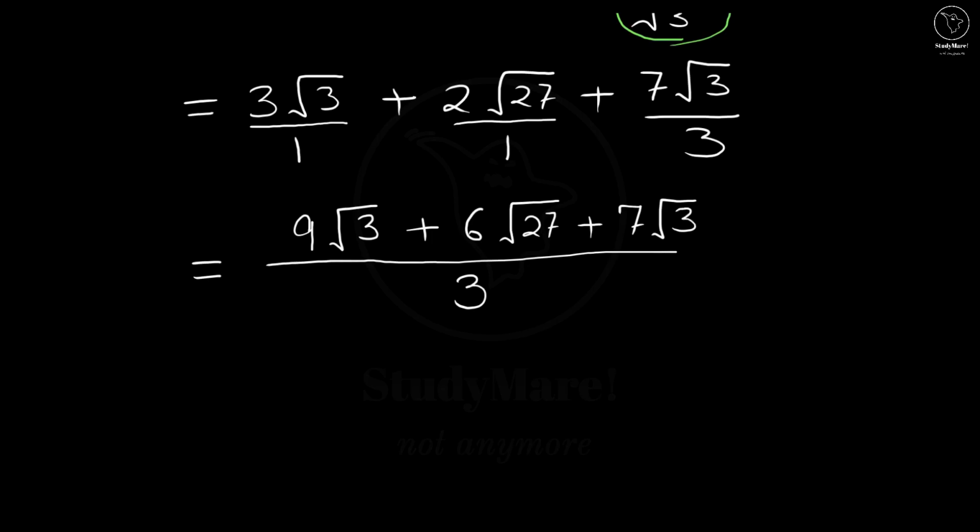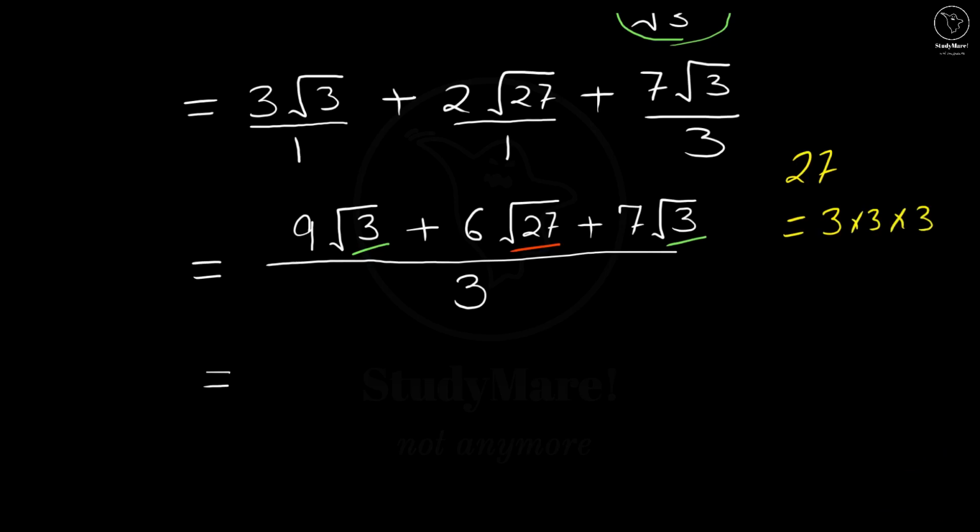Which is equal to, looking at the expression, we can see that we have root 3 over here, we have root 3 over here, but no root 3 over here. If we can get it in the form of root 3, we can take root 3 common out of the entire fraction, that is from the numerator. So, can we do this? If you look at 27, this can be written as 3 into 3 into 3.